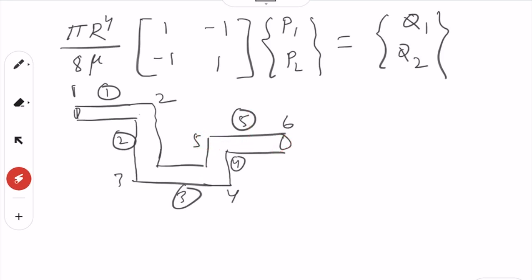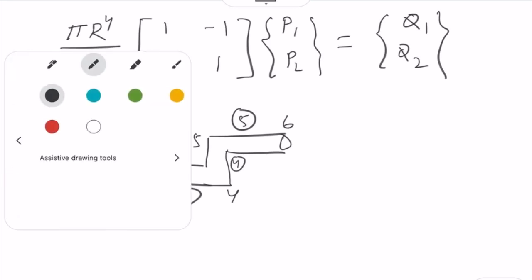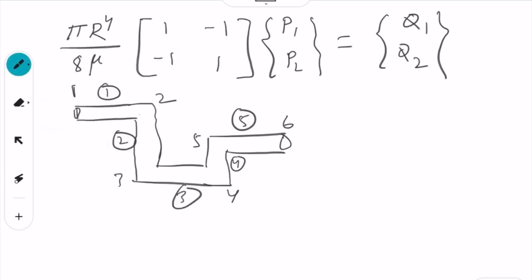Accordingly, in this example, if you see here, there is no outer Q, right? There is no pipe connection here. So automatically that tells you that Q2 will be equal to 0 because it's not connected.